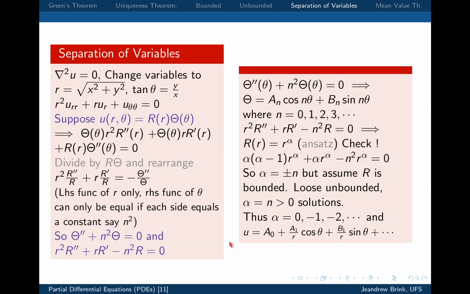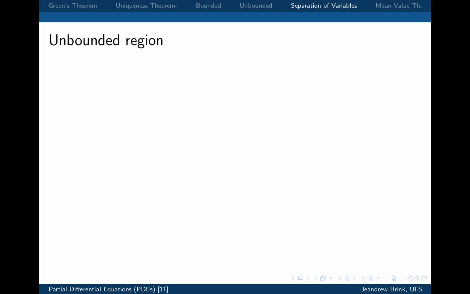So now, using this argument from separation of variables in polar coordinates, we've shown that U can be written as a power series expansion in R, provided we have assumed that the solutions are bounded. We're now going to put this back to finish our theorem on the unbounded region. This theorem is considering our unbounded region.